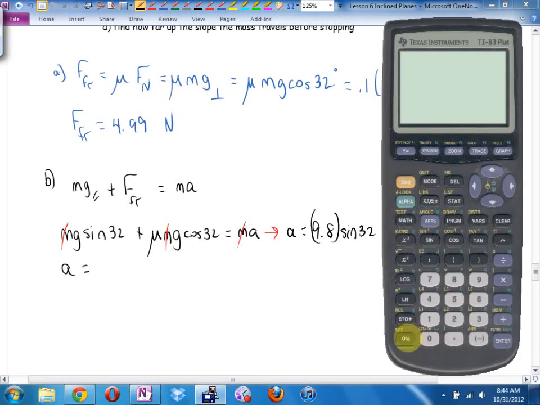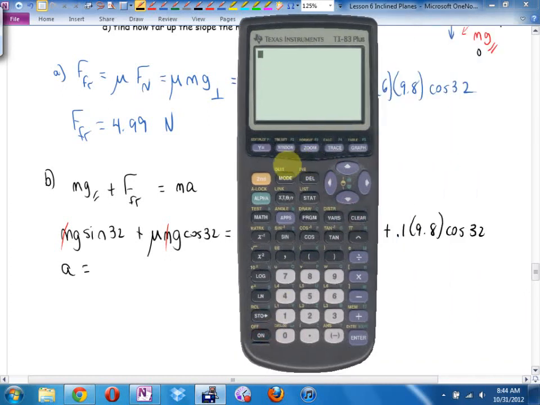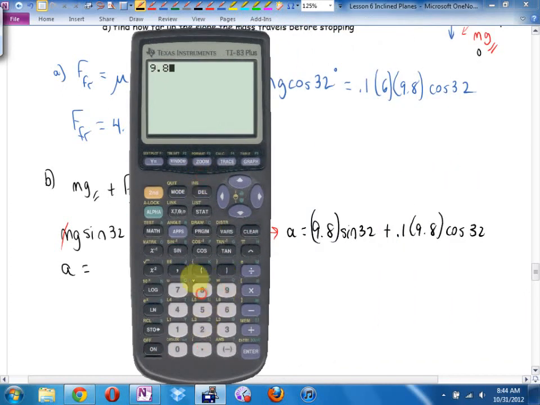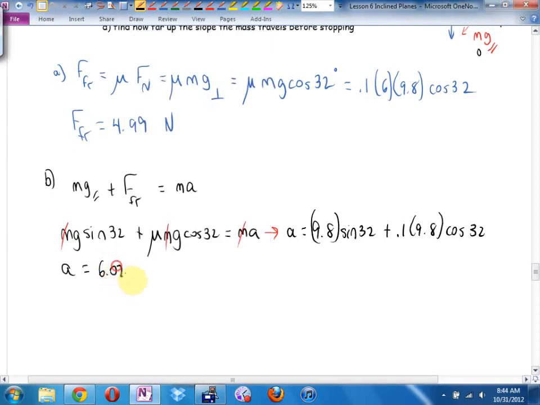And this one I'm going to do because I want this number on my calculator for later, I think. 9.8 sine 32 plus 0.1 times 9.8 cos 32. Do you get 6.02 for that thing? So I'll go 6.02, but I'll keep this number on my calculator. Units. Meters per second squared.